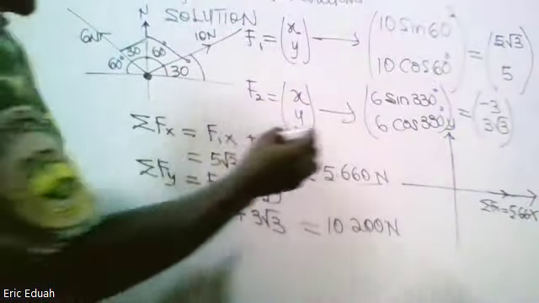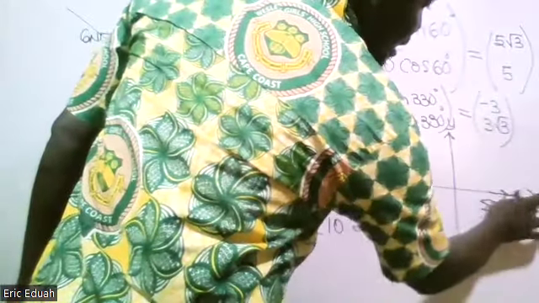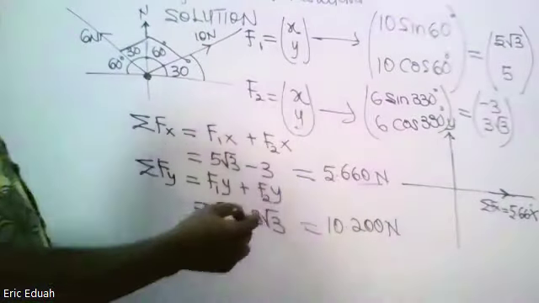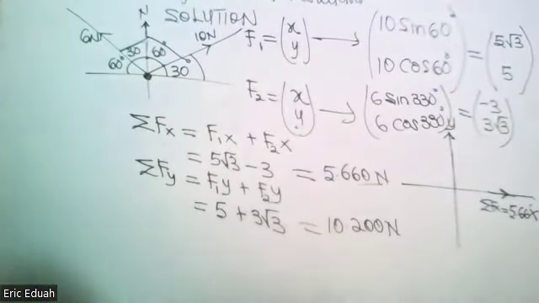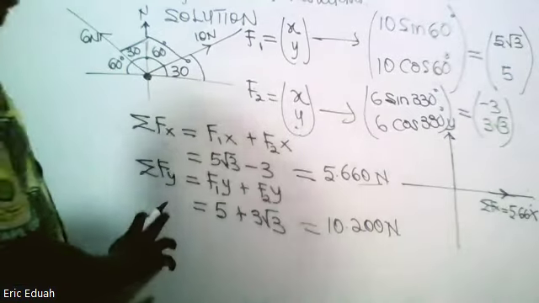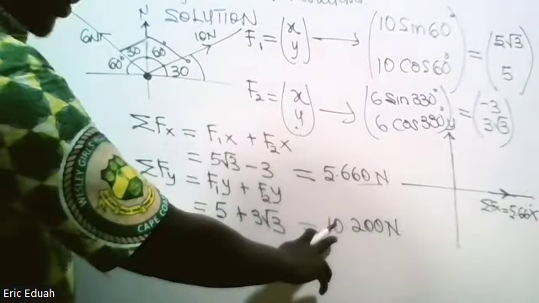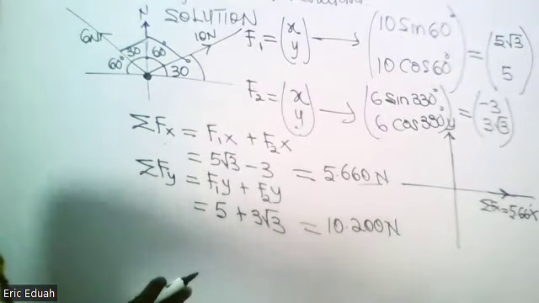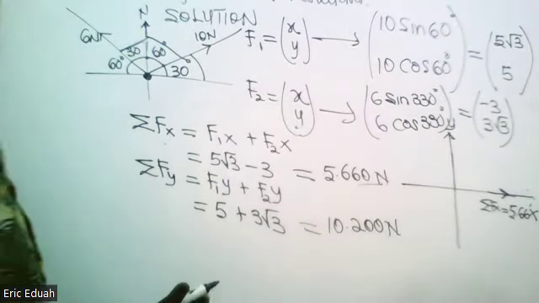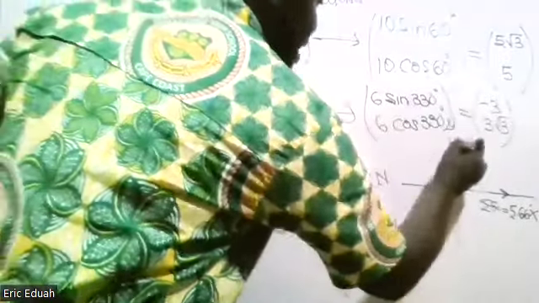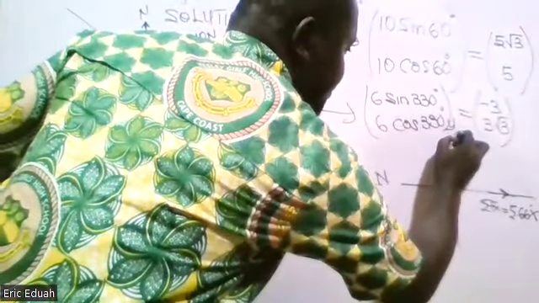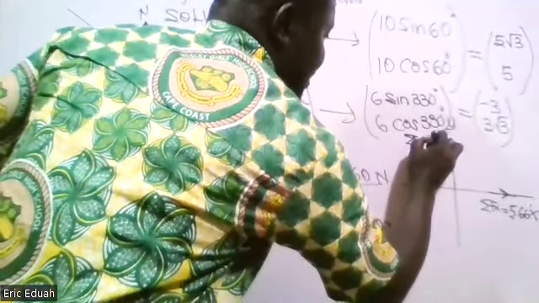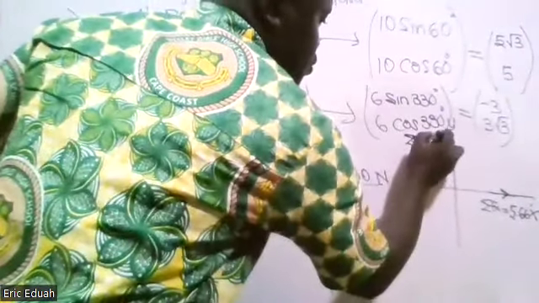It's positive, the reason for which we are placing it on the positive x-axis. If it had been negative, it would change. Now, summation y is also a positive value, so it has to be placed on the positive y-axis. So it is here. This is summation Fy. Its value is 10.20.